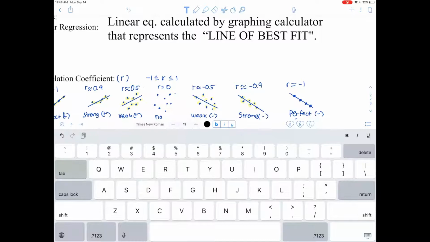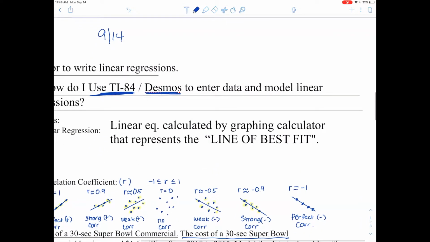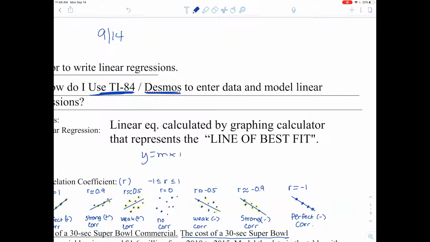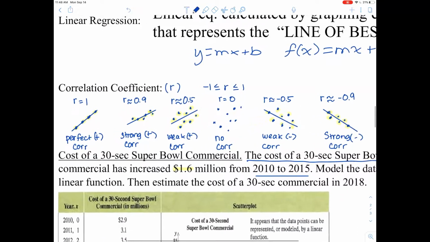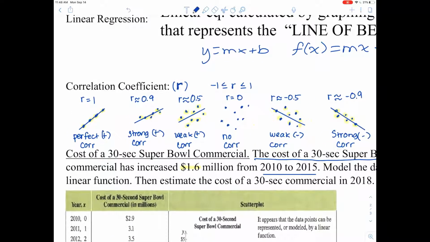It's just a linear equation, and it can be written in two forms: y equals mx plus b, or if it's asked for as a function, f of x equals mx plus b. Okay, correlation coefficients real quick. They're indicated by the variable r.